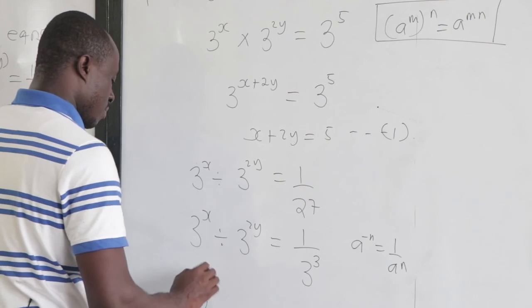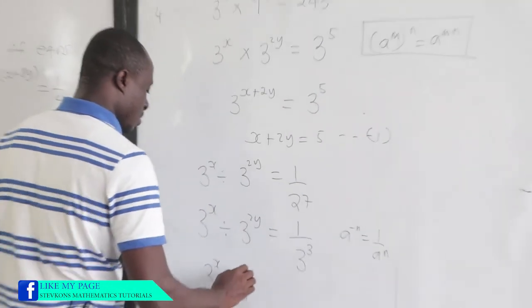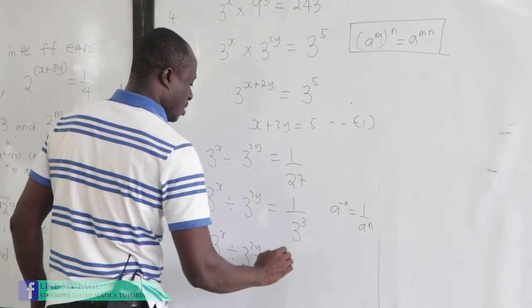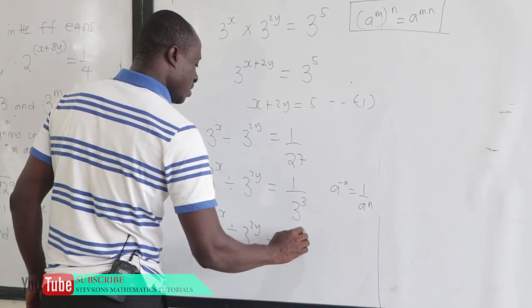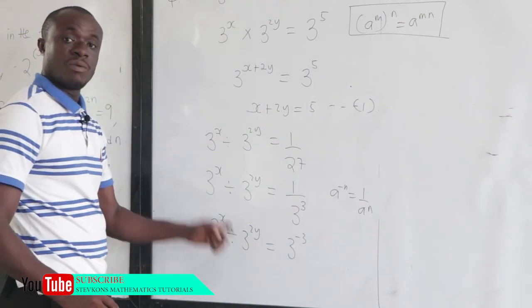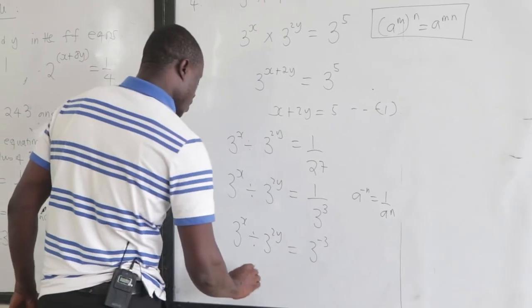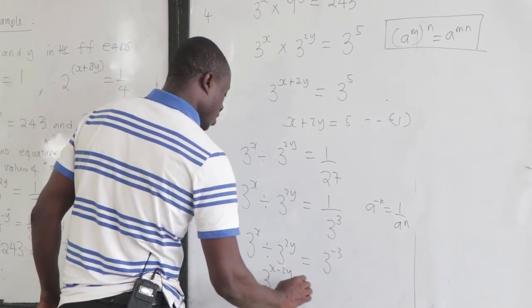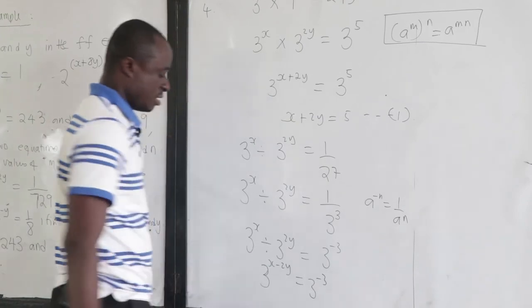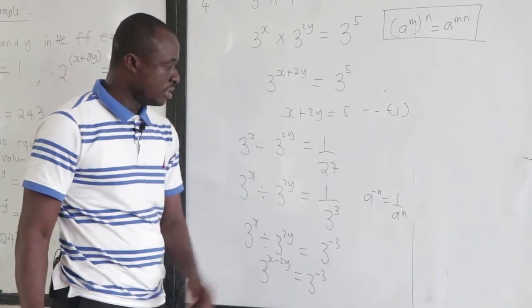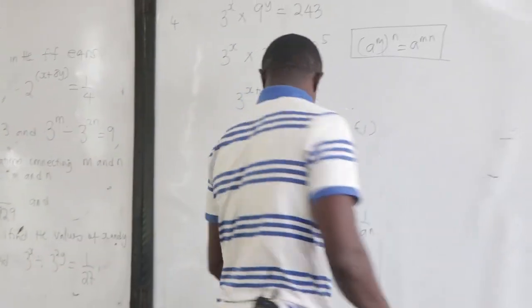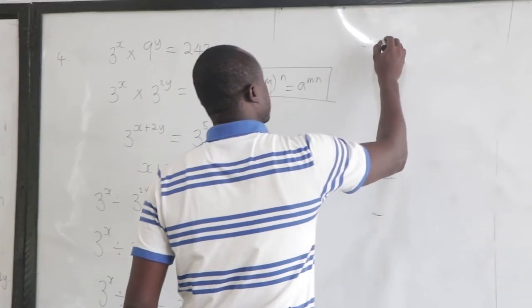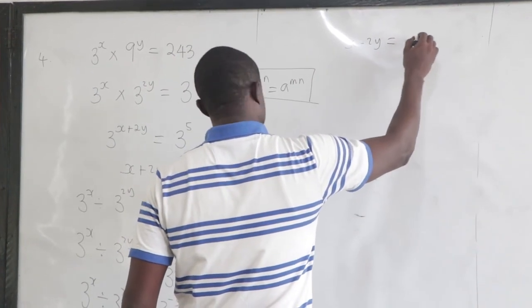So you have 3 to the power x divided by 3 to the power 2y equal to 3 to the power negative 3. Now we are dividing here, we subtract the exponents. So x minus 2y equal to 3 to the power negative 3. The bases are the same, we equate the exponents. So we have x minus 2y equal to negative 3.